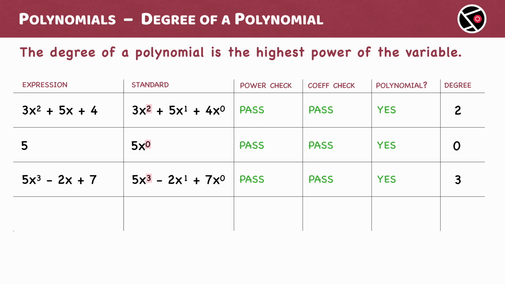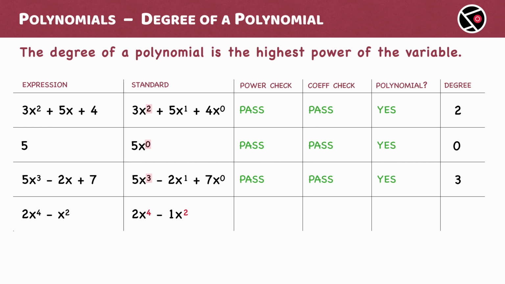Let us take one more example. 2x to the power 4 minus x squared. We can rewrite this as 2x to the power 4 minus 1x to the power 2. The powers of x are 4 and 2, both whole numbers.